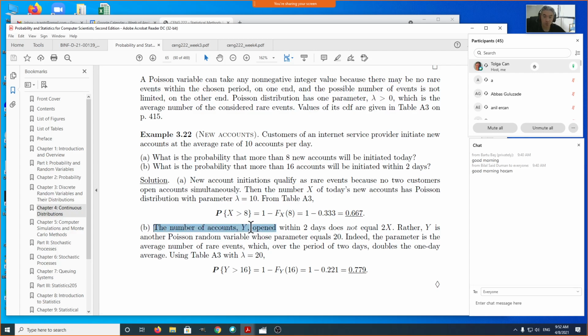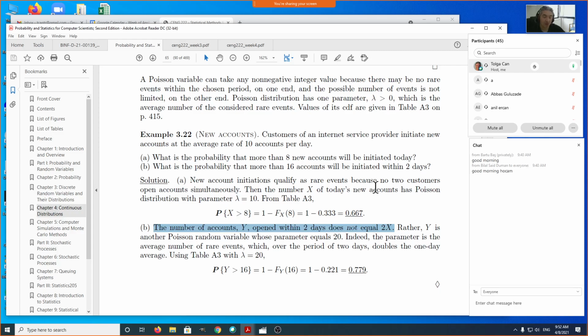The number of accounts Y opened in 2 days does not equal 2X. It's not x plus x. This random variable is not a summation of variables. When the time is extended, it's not like a generalization of negative binomial to geometric or binomial to Bernoulli.